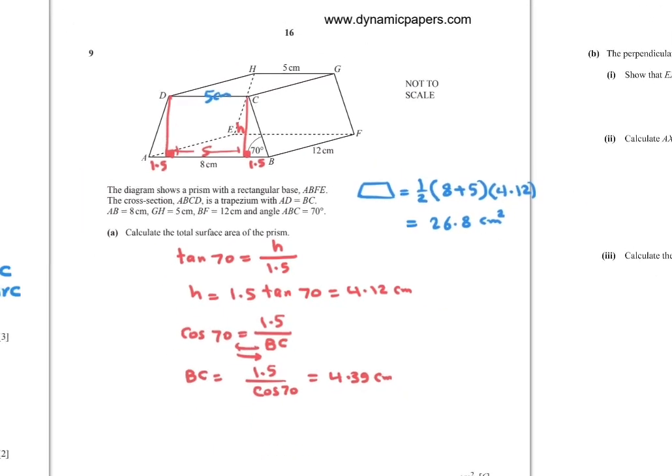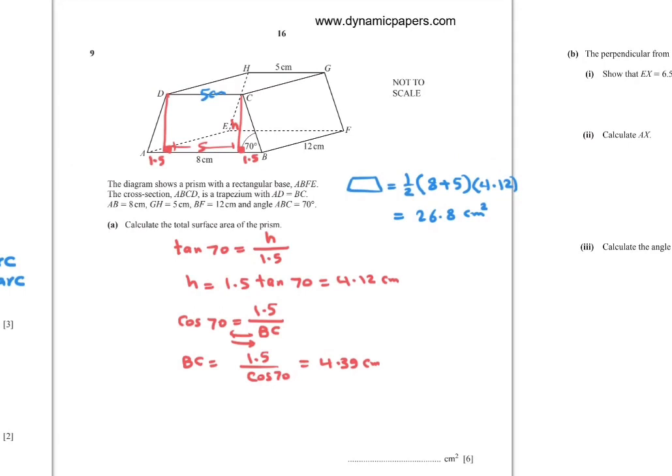And we can find the total surface area. So the total surface area for the prism equals trapezium, so 26.8 times 2, and for the rectangle at the bottom 12 times 8. Then the rectangle at the top, which is 5 times 12.